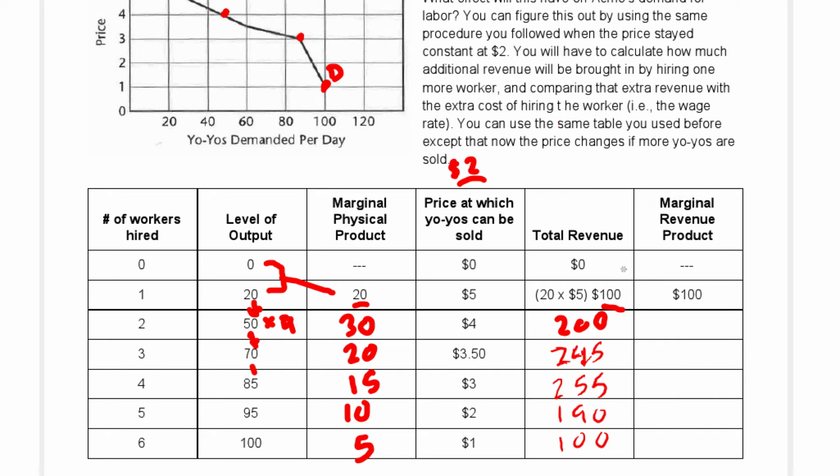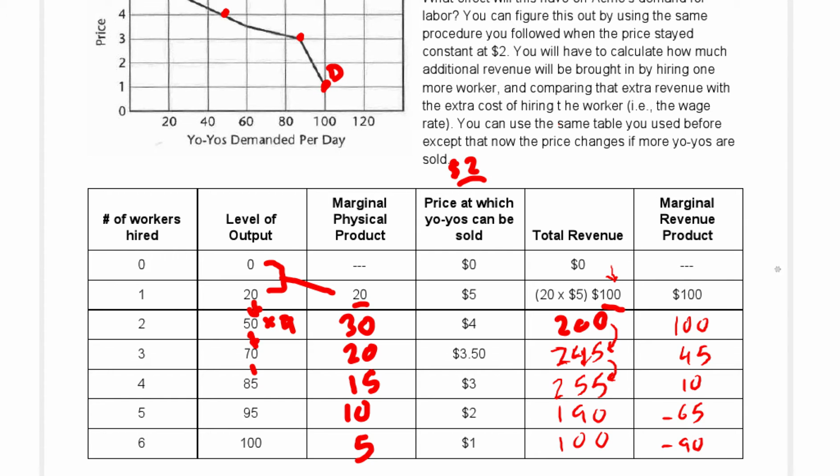MRP, I go from 0 to $100, so MRP is 100. 100 to 200, so it's 100 again. Now 200 to 245, that took a big drop, 45. Now it's 10. And now it's negative 65, and this next one is negative 90. So our MRP goes into the negative pretty quickly here.